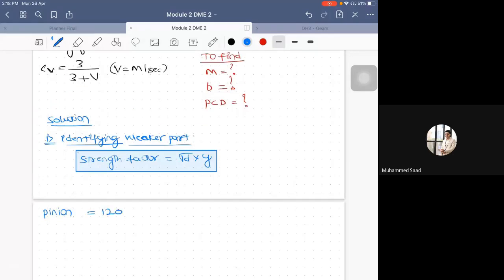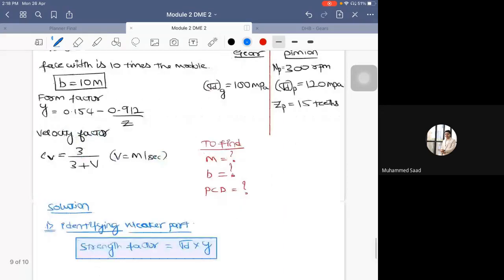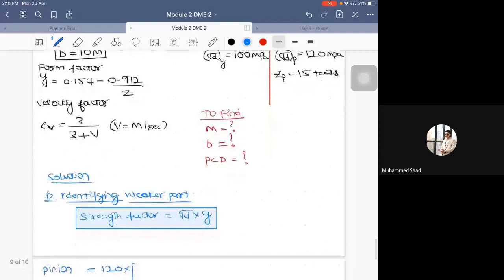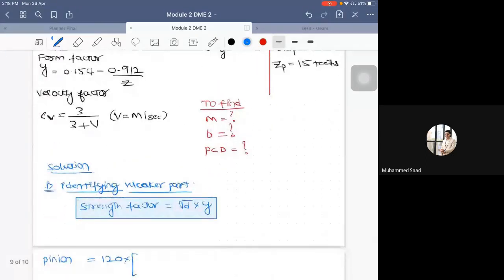So 120 into y, he has given the equation for y: y equals 0.154 minus 0.912 divided by z. This is for the pinion, right? Do I have the value of Zp?